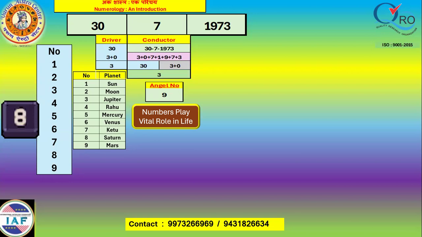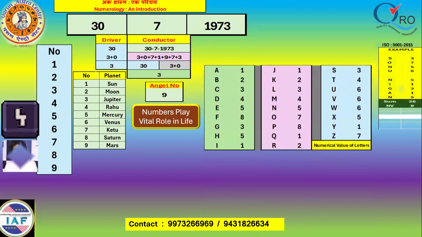Thereafter, other numbers in the form of, we can say, vehicle number, house number, etc. But the first dynamic number is the name number. So let us see how the name works.